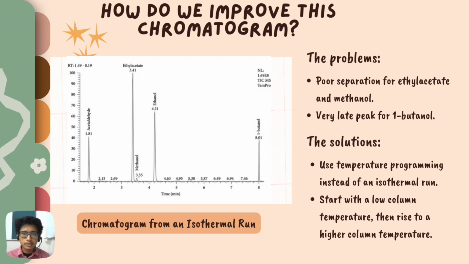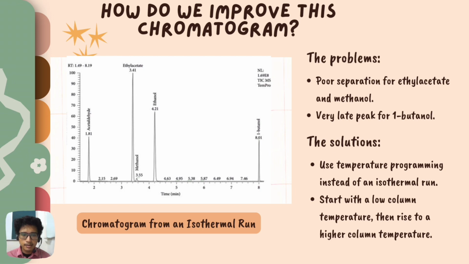Finally, we return to our original chromatogram. So, how do we improve it? There are two problems here. There is poor separation for ethyl acetate and methanol, and 1-butanol elutes very late at 8 minutes. So, the solution is simple. We must use temperature programming instead of an isothermal run. This is done by setting our column temperature to be low to elute the components with low boiling points first.